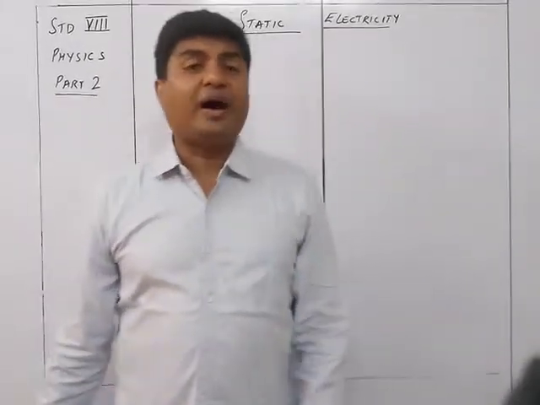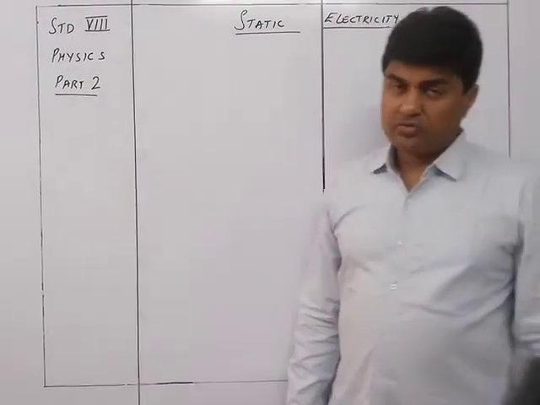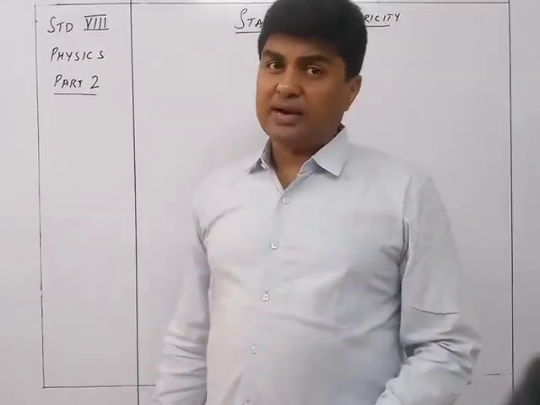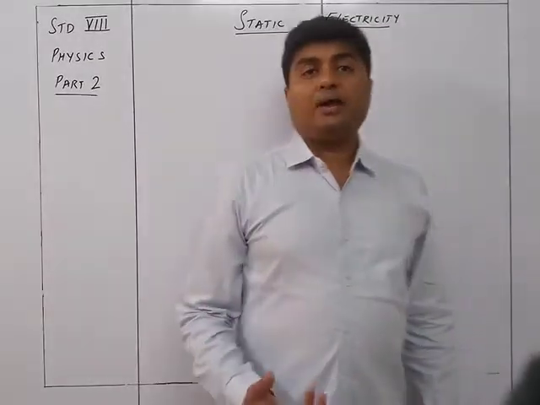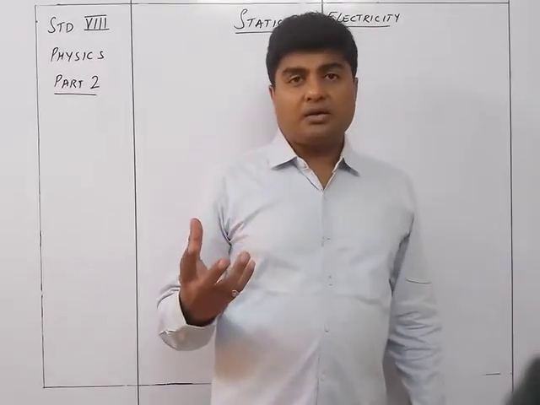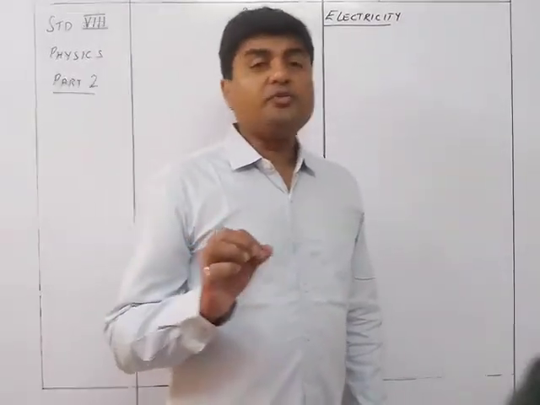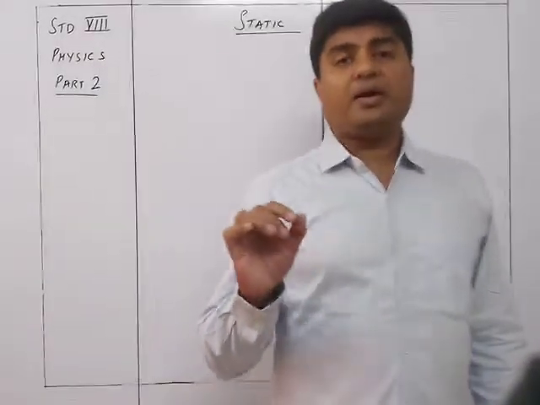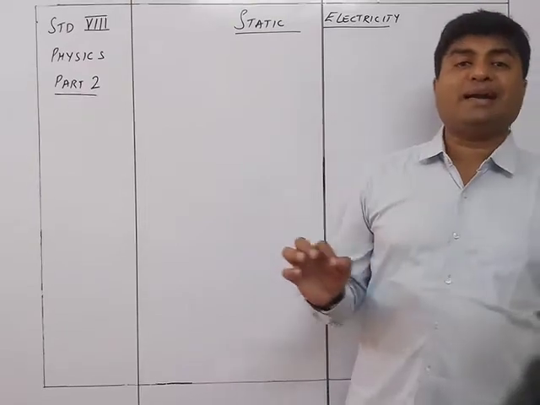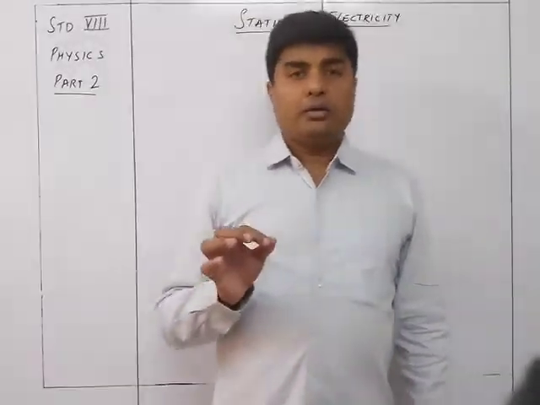So now if I want to charge a conductor, what we are trying to do is make a good conductor have static electricity in it. That is possible only when that particular conductor is not connected to the ground by any good conductor.